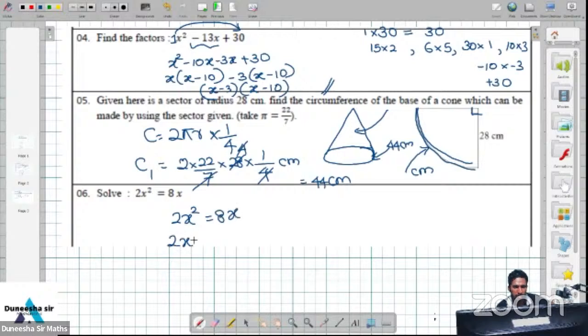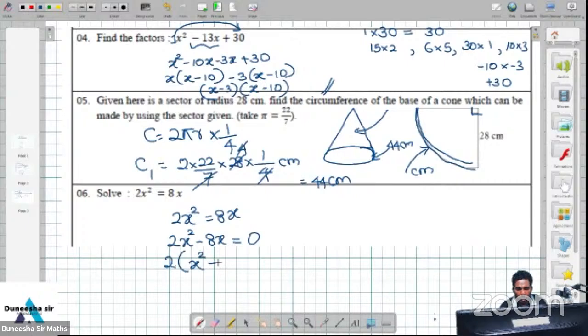Then 2x squared minus 8x equal to 0. Now, can you take out the common terms within the bracket? You can take out 2.